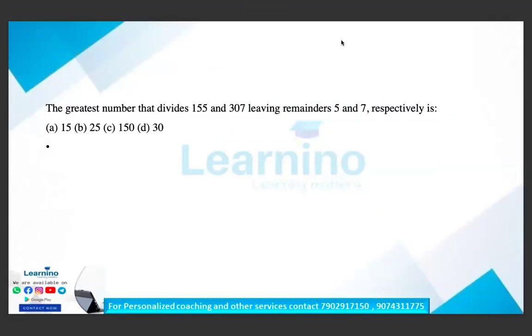Greatest number that divides 140, 155, 307, leaving the remainder 5 and 7 respectively. So 5 and 7 remainder. Taking the difference, 155 minus 5, we get 150. And 307 minus 7, we will get 300.